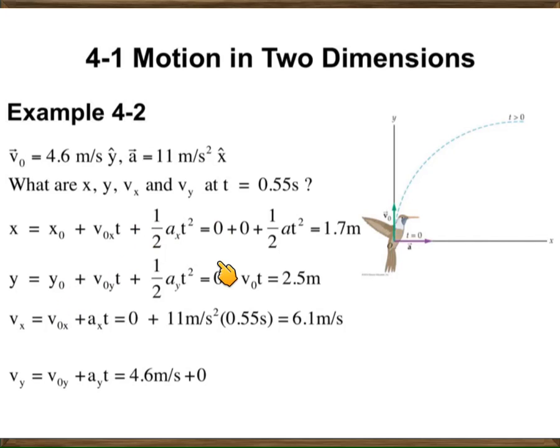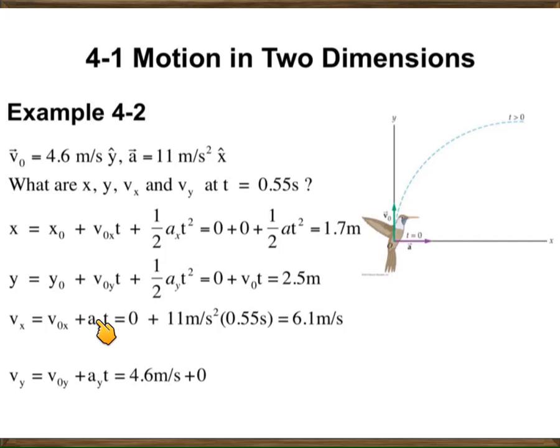And the rest are given in the problem, so just put this expression, ax is 0, ay is 0, right? Because a is only in the x direction in here. So this is also implicit. If you plug and chug the x and y positions, you can find x is 1.7 meters and y is 2.5 meters.